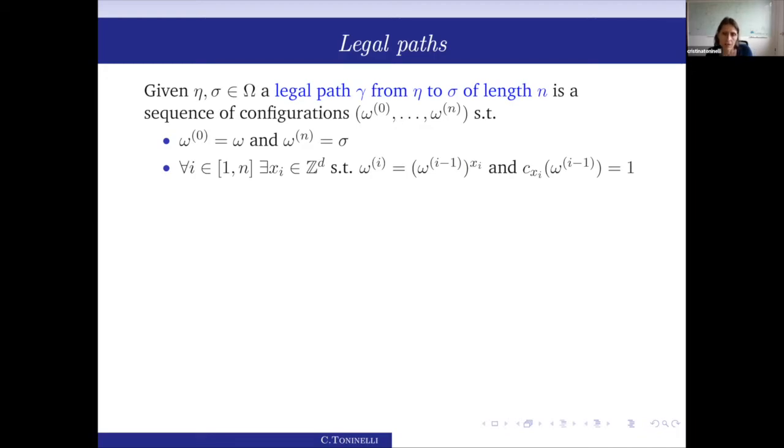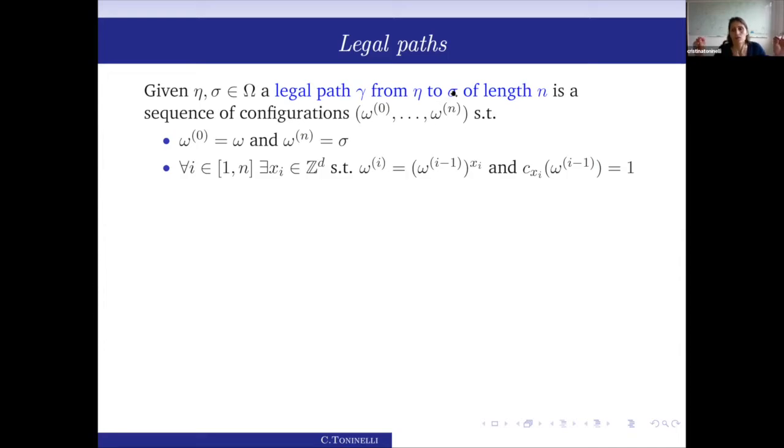Okay, so it's a very natural notion. Consider, for example, the 1F model, in which I need just one empty site in order to perform a move. Suppose I start from a configuration which contains a single empty site somewhere. So eta is a configuration which contains a single empty site, and sigma is a configuration which contains a single empty site, but somewhere else.